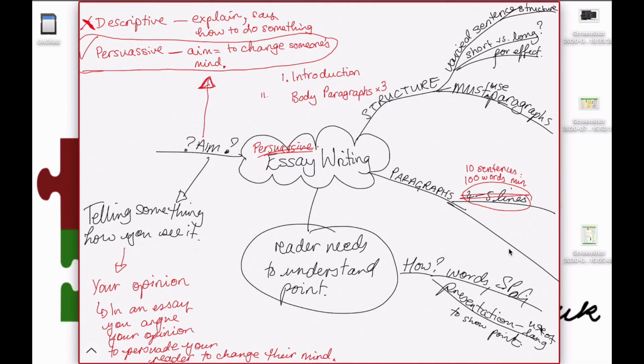So that'll be paragraph 1, paragraph 2, paragraph 3, and paragraph 4. And then your conclusion. And throughout these 5 paragraphs, roughly, a basic essay is 5 paragraphs. But you'll probably find that you'll be writing more than that because you need to develop your argument more.